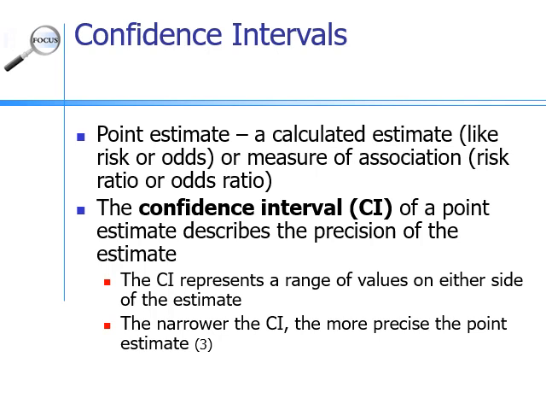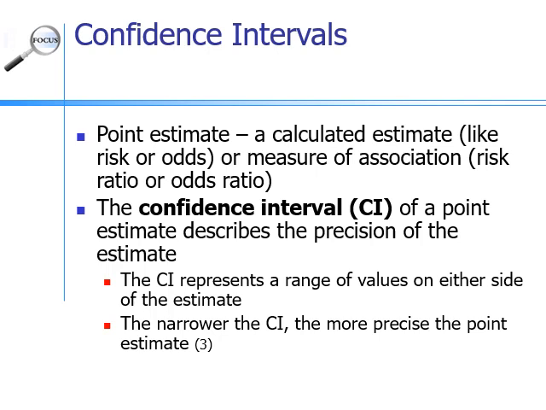When we say confidence interval, we have already discussed that in our estimation of parameters. There are two things that we need to remember when we construct a confidence interval. We need to have our point estimate, that is the calculated estimate like the risk or the odds, or the measure of association like the risk ratio and the odds ratio.